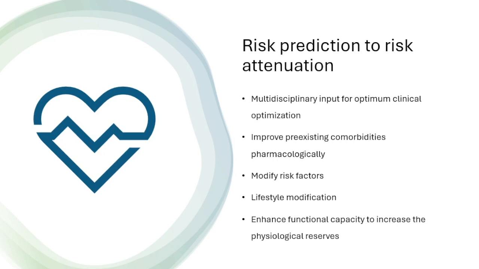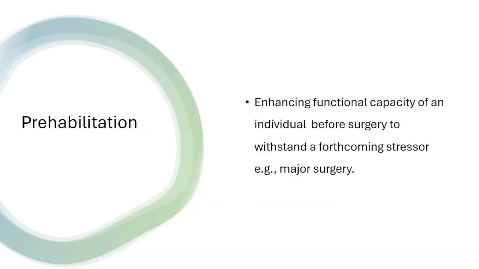Okay, next slide. Enhancing functional capacity is known as prehabilitation. Prehabilitation is enhancing the functional capacity of an individual before surgery to withstand the forthcoming stressor, especially major surgery. This is important especially in patients who undergo major surgery, major bowel surgery, cancer surgery, and in malnourished patients, elderly, and frail patients.